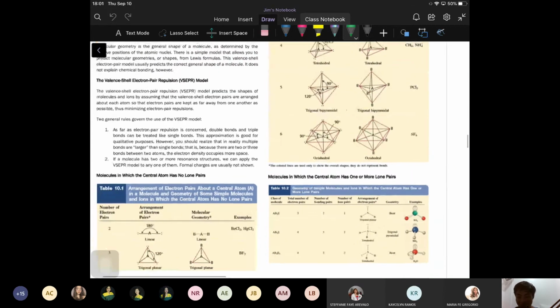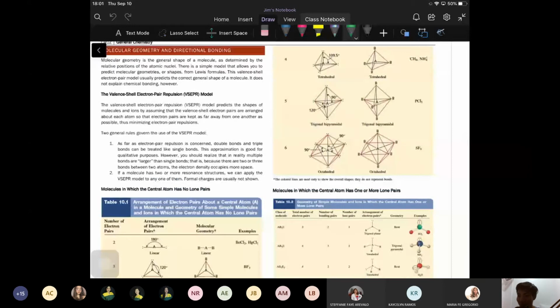Ganon. So, yan. So, anyway, we're done with the resonance. What do we know about resonance again? So, when we say resonance, that is the movement of electron sa iyong molecule. So, the electrons can move around the atoms in your molecules. And they will give you equivalent structures.